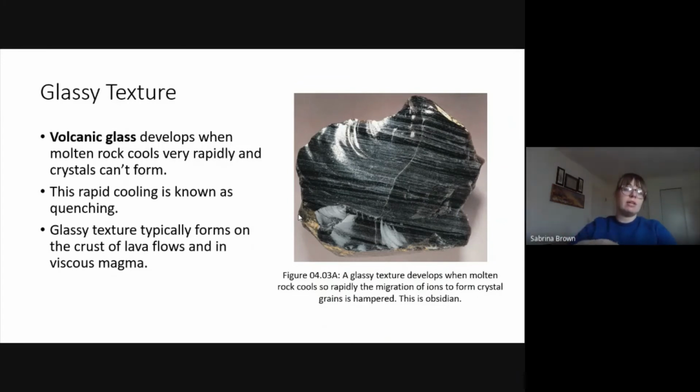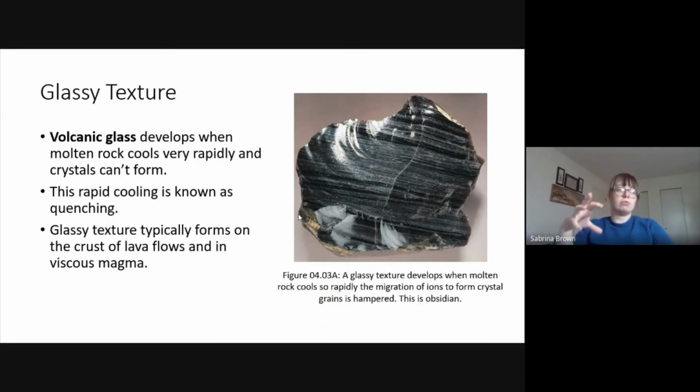We typically get glassy texture on the top of lava flows. If anybody's ever been to Hawaii, as the lava flows cool on top, we get this glassy texture. It can also be extruded from volcanoes during explosive eruptions.